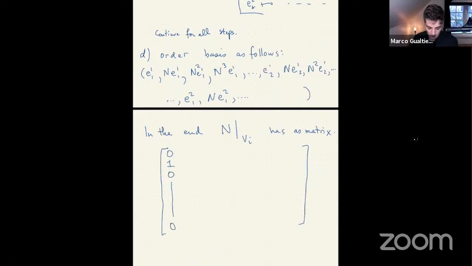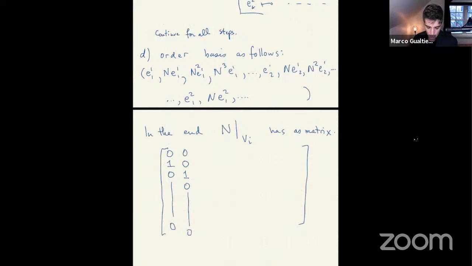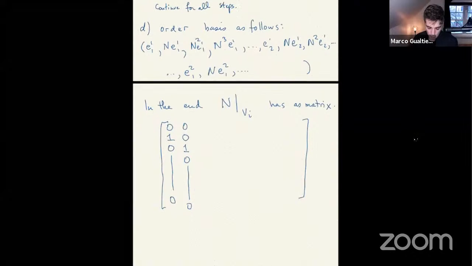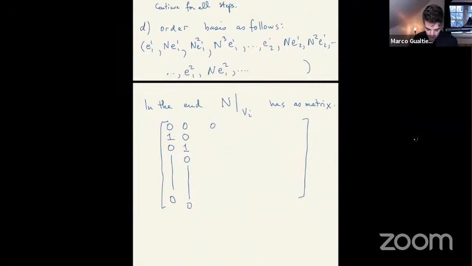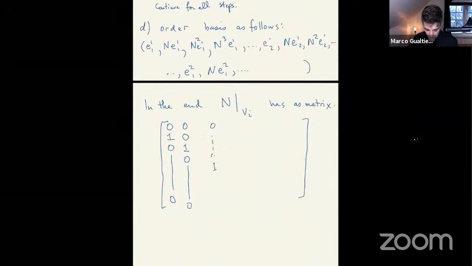The second basis vector is going to be sent to the third. Okay, and so on until we get to however many progeny it has. Okay, and we've got one block.